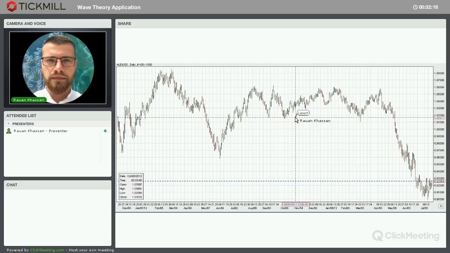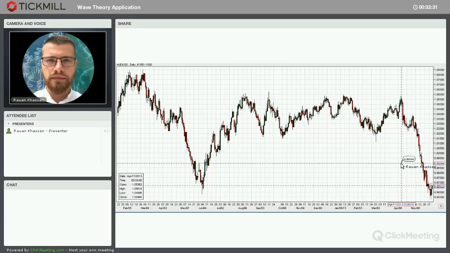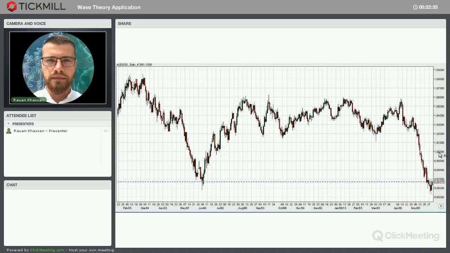Let's see if I can give you a different example of the same currency pair based on the daily time frame between January 2012 and April 2013. So we are speaking about a symmetrical triangle once again. First, let's make up the border lines of this pair.